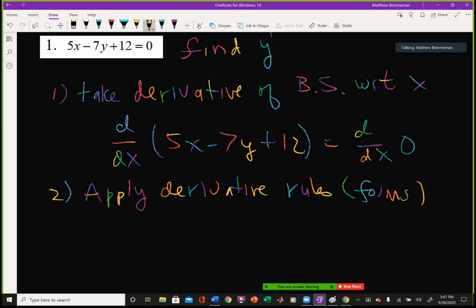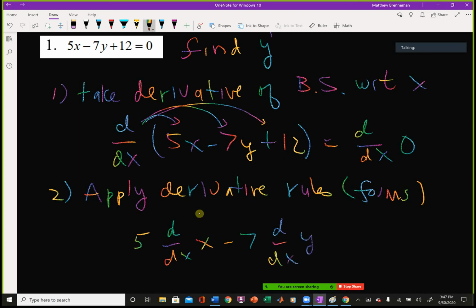So I'm going to go ahead and use the addition rule. So the addition rule says it's going to be 5. I'm going to use the fact that I can distribute the d dx, and I can factor out a constant multiple, right? Okay?